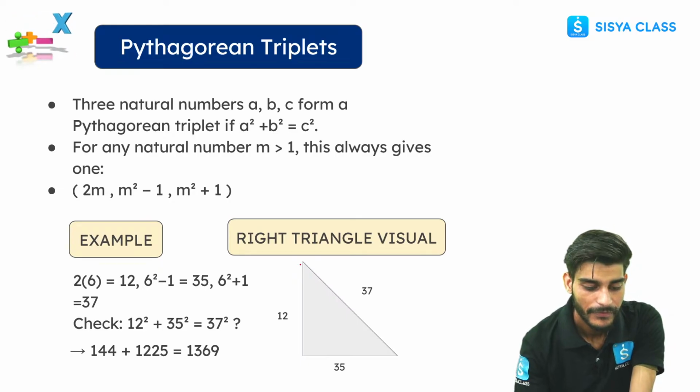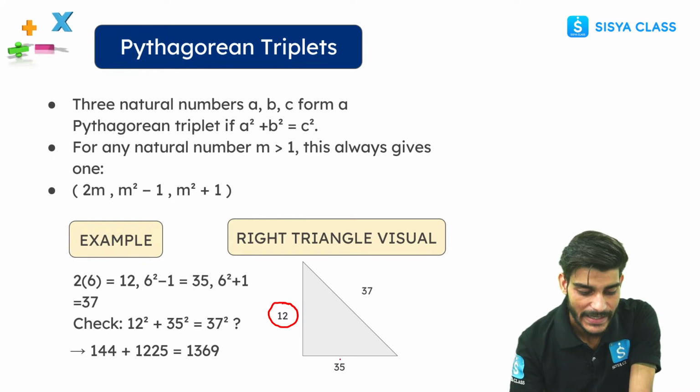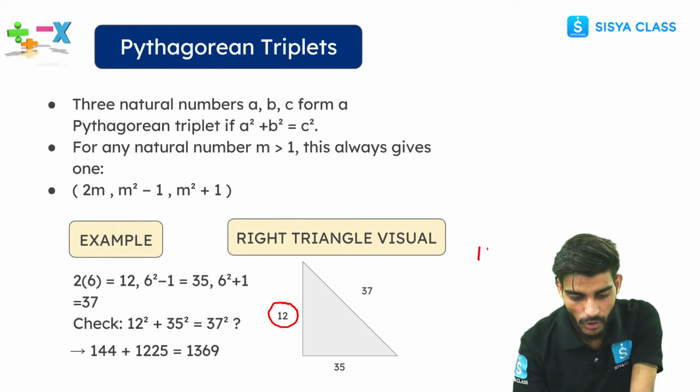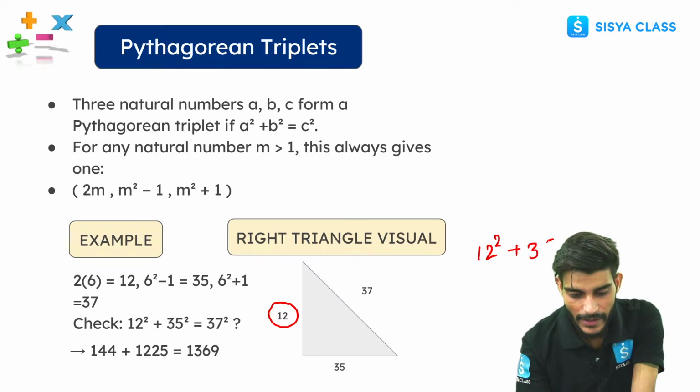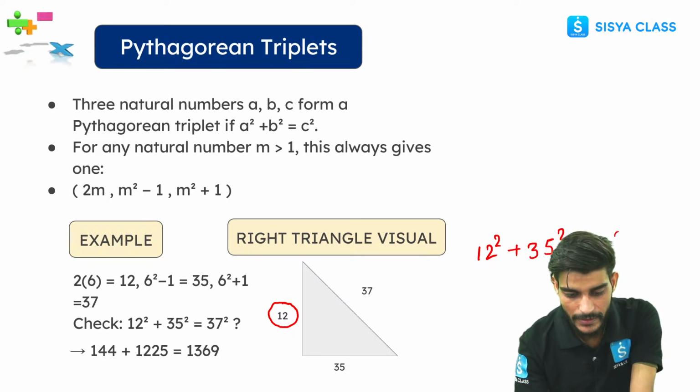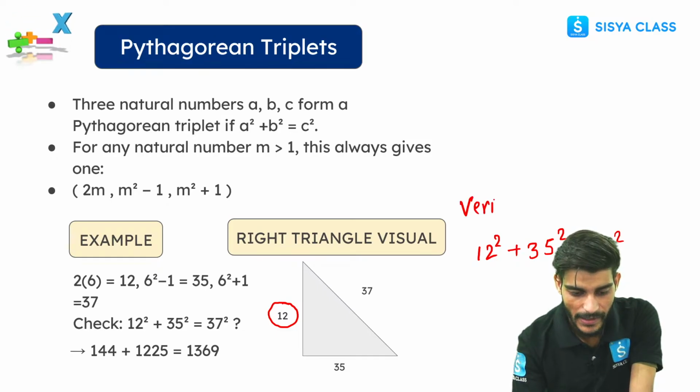If we make a right angle triangle with perpendicular as 12 and base as 35, then 12 square plus 35 square equals 37 square. You can verify this. Please verify by yourself. I have done it here.